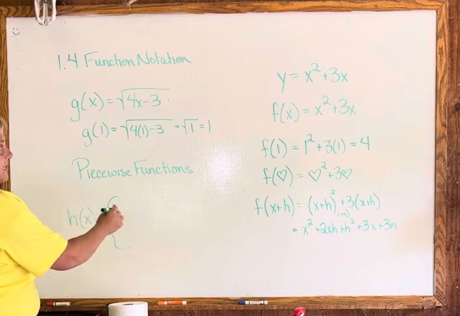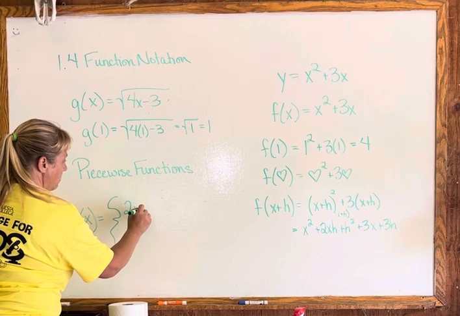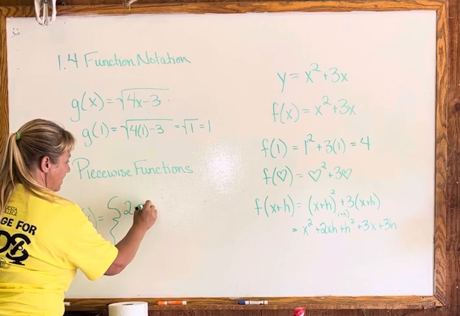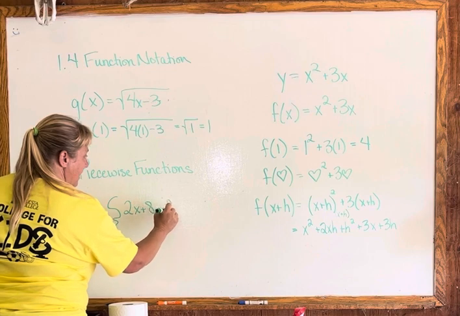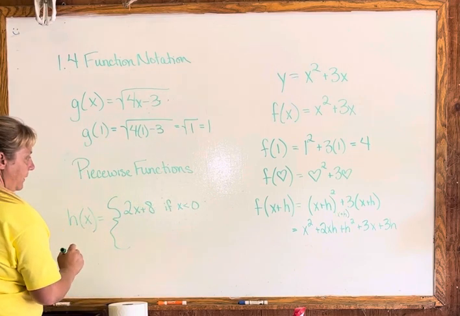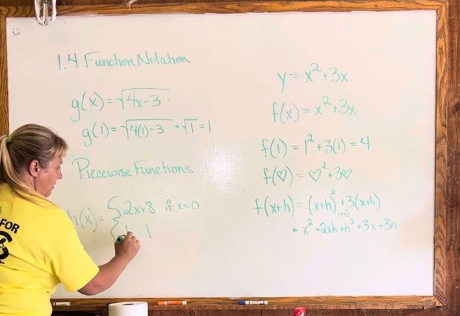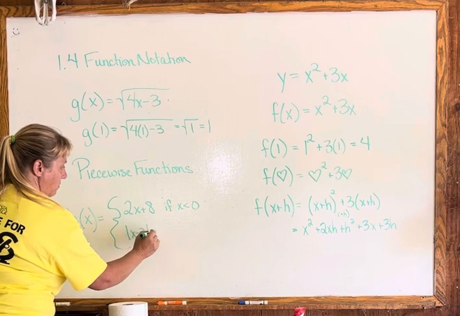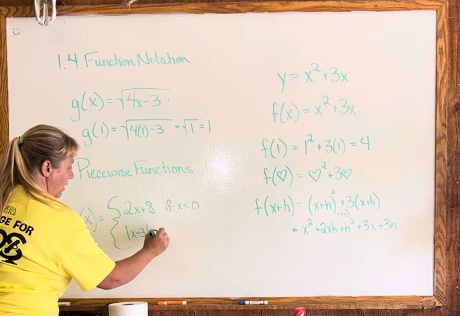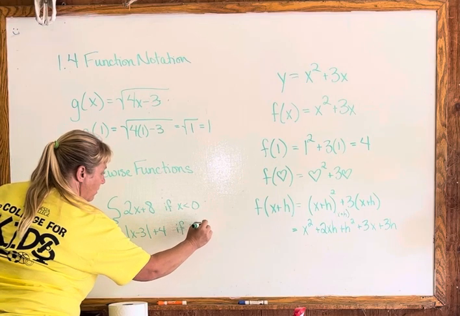And then it's going to say something like 2x plus 8 if x is less than 0. And then it might say the absolute value of x minus 3 plus 4 if x is greater than or equal to 0.